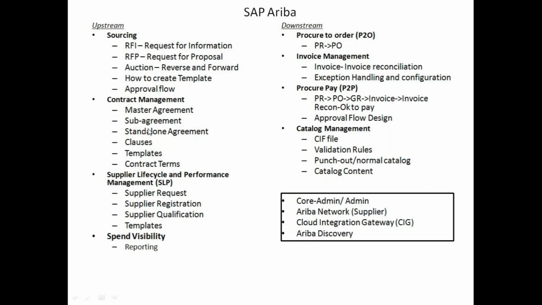You can see I have mentioned here the approval flow and templates. The approval flow and the template section will be covered at this level on the upstream side. So this is that segregation. You need to set up the system so that the end users will be able to use it.